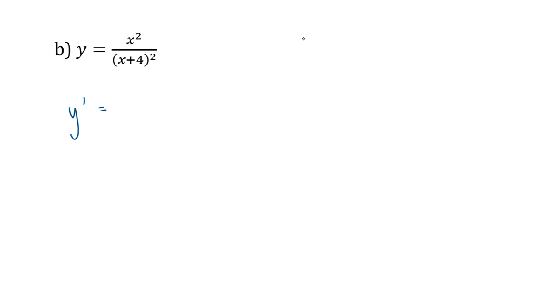So derivative of the top times bottom minus derivative of the bottom. You may choose to do this, as we talked about before, in a different order.